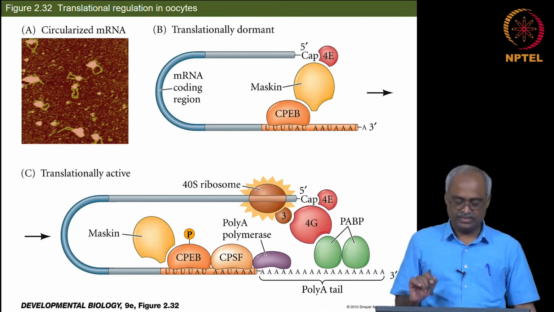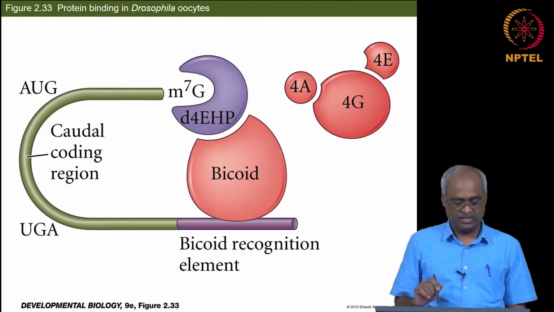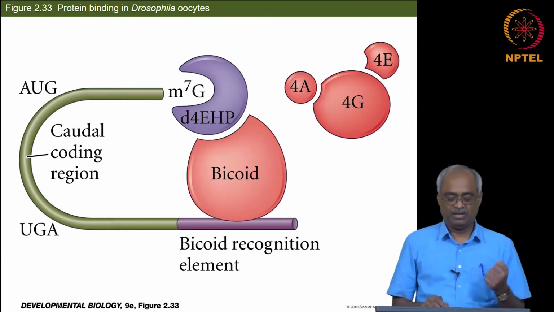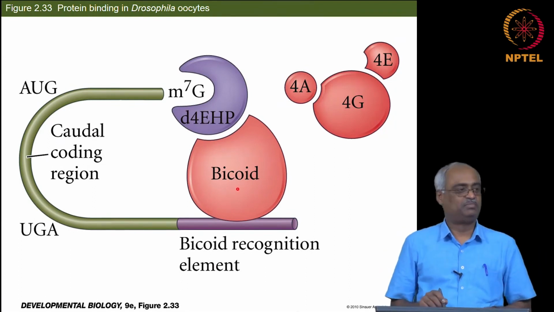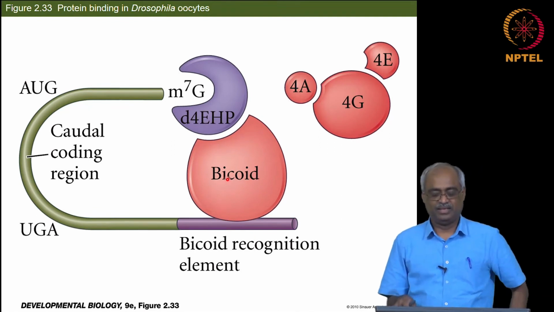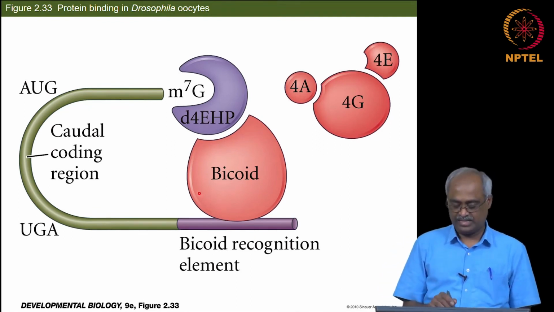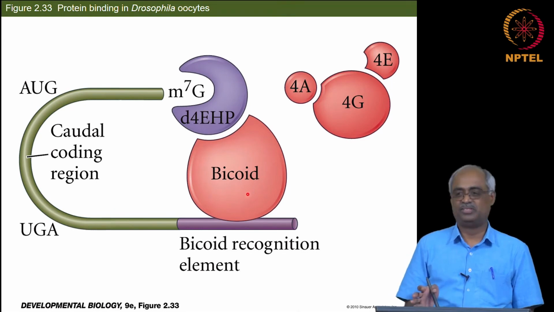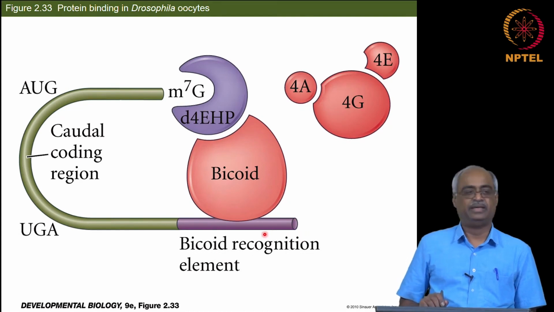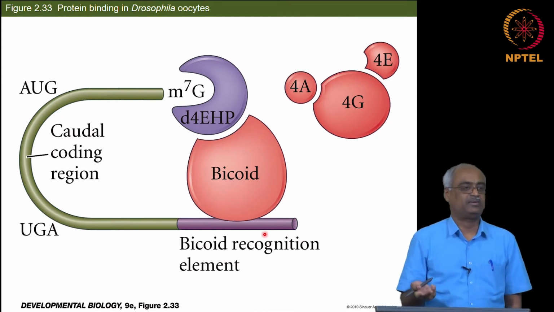So, let us look at one such example. So, that is the Drosophila oocyte. So, where you have a protein called bicoid. So, this bicoid is actually an interesting protein, it is a transcription regulator as well as a translation regulator. Here we are seeing its translation version of it. So, it binds to a sequence called bicoid recognition element on an mRNA that encodes a protein called caudal.